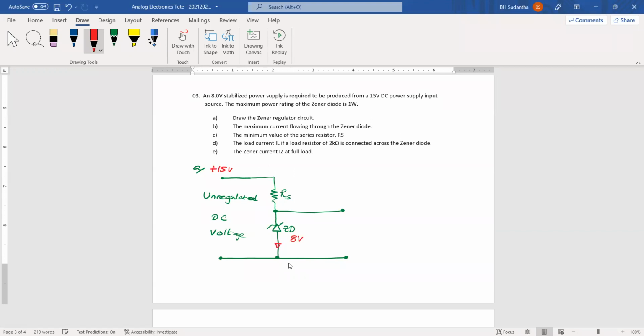And we have to find this Zener current, this input current, and the load current also. Okay. And this is the Zener regulator circuit.